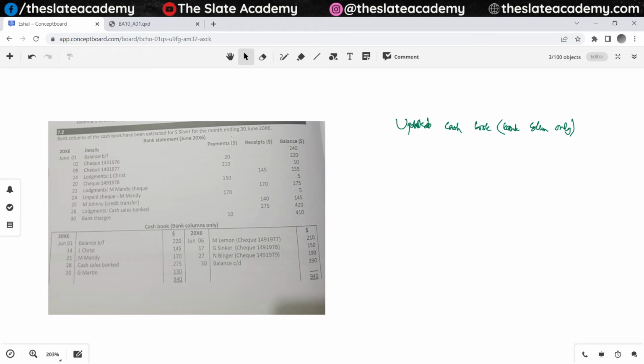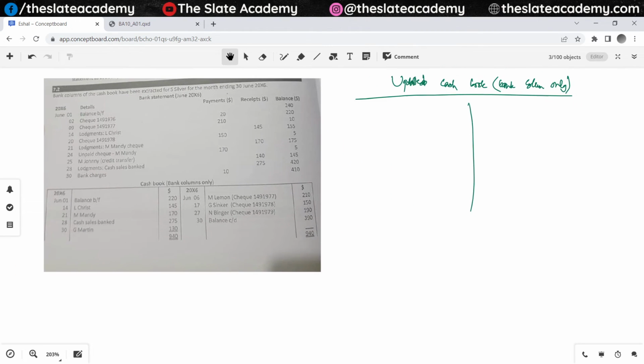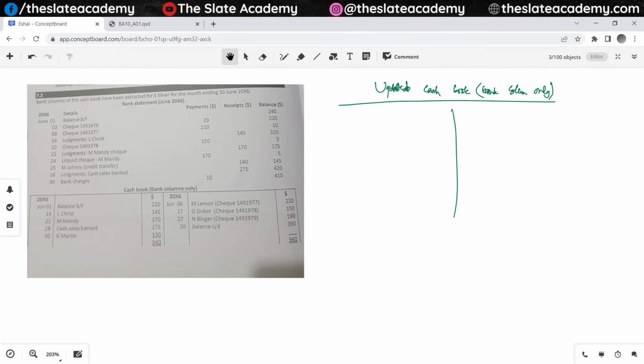Since later on we'd be needing a cash book, I'm just drawing the format out here. So there would be an updated cash book and there would be a bank reconciliation statement.